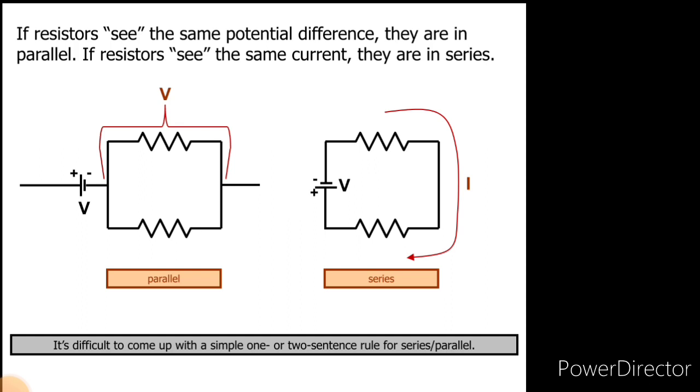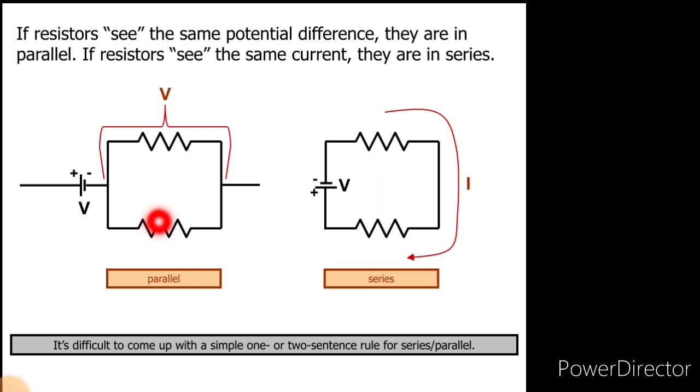Now, ano yung pinagkaiba ng parallel at series when it comes to the voltage and the current? So, if resistors see the same potential difference or voltage, just like here, they are in parallel. Ibig sabihin yan, yung resistors natin na ito and ito, they both see the same voltage.